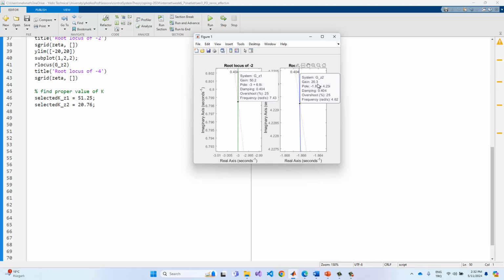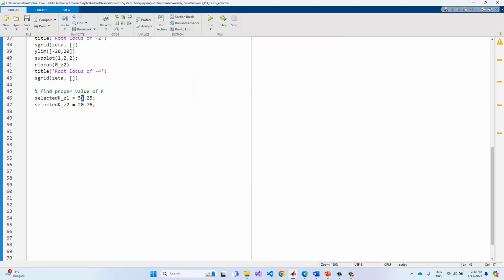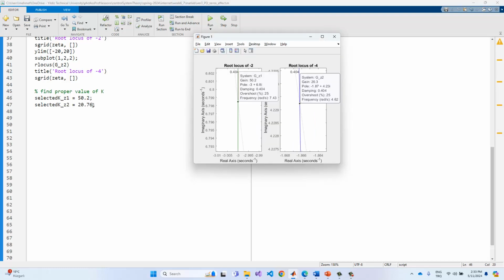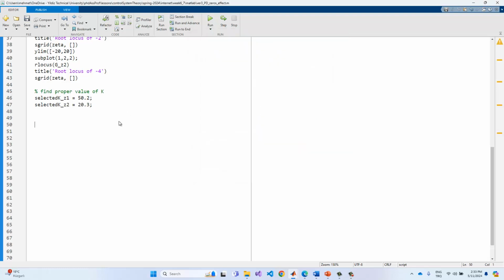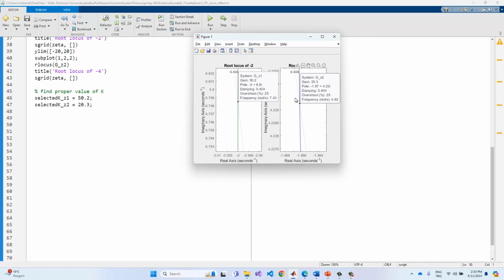Okay, and so we can update the 50.2 in here, and also the other term, this one. Okay, this is how we select the proper values of the overshoot in these two derivative terms.